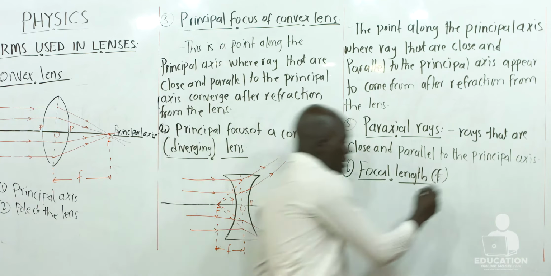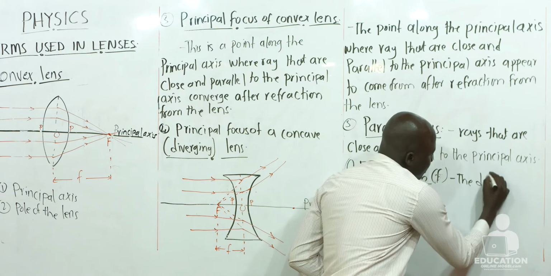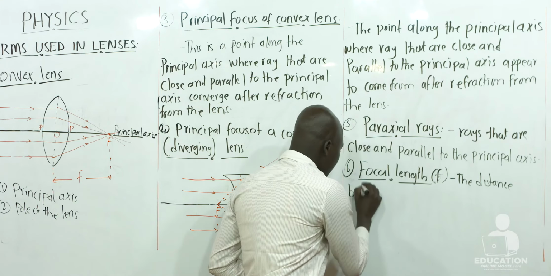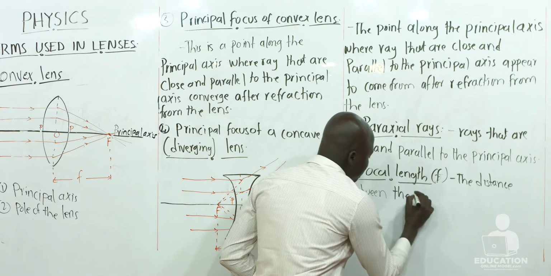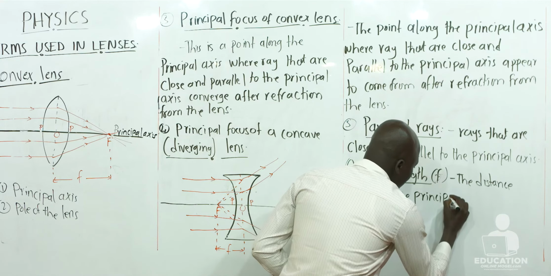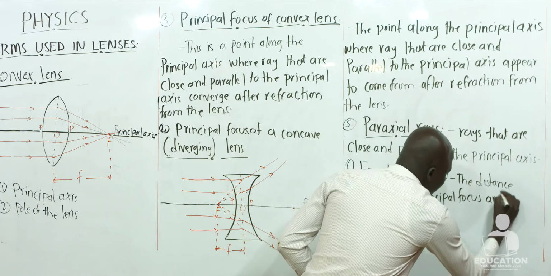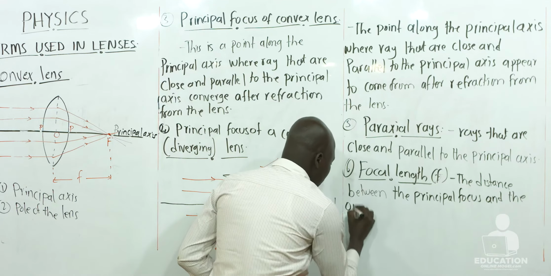So we can say this is the distance between the principal focus and the optical center.